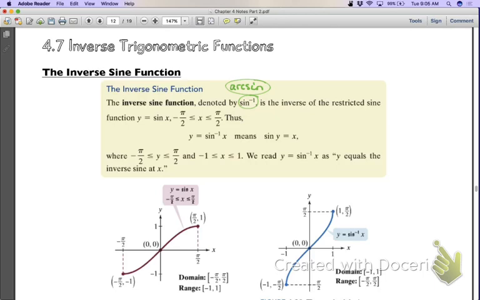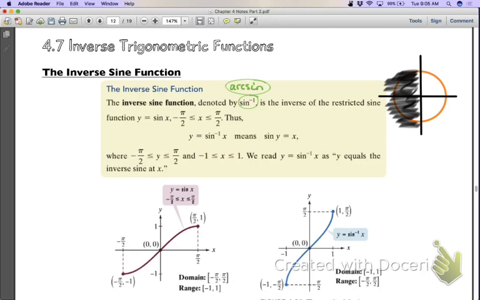The biggest thing with any sort of inverse is knowing where everything is restricted. Whenever we deal with sine, you're restricted from -pi/2 to pi/2. If you think about the unit circle, you're only looking at the right side of the graph. You don't care about the left side.